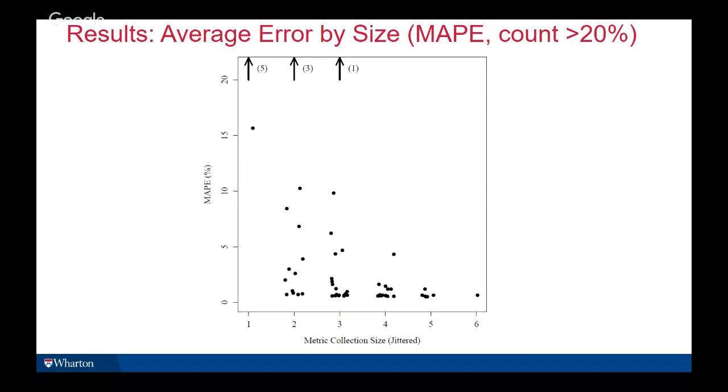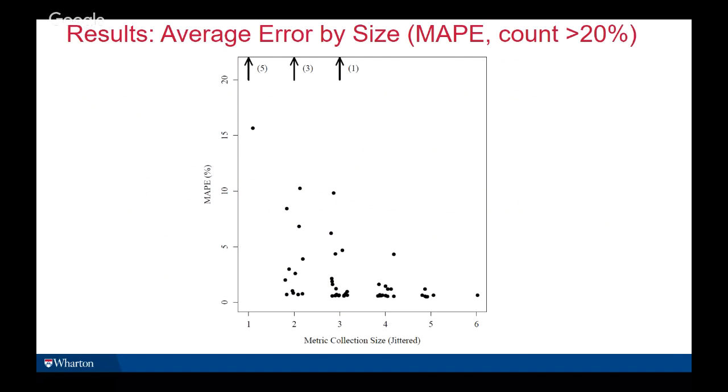Those would be examples of size 1 collections, or every possible pair of metrics, every possible triplet, and so forth, all the way up to assuming that we have access to all 6 of the metrics every period. So obviously, if we had all 6 metrics, we're going to do a great job of forecasting the future. That's exactly what we see with that rightmost point. The MAPE is on the order of 0.6%, which is very low.